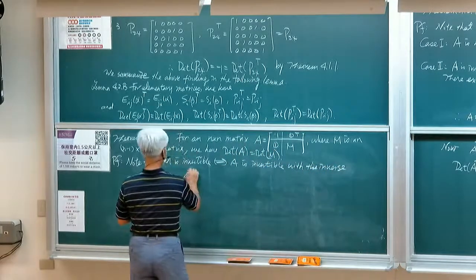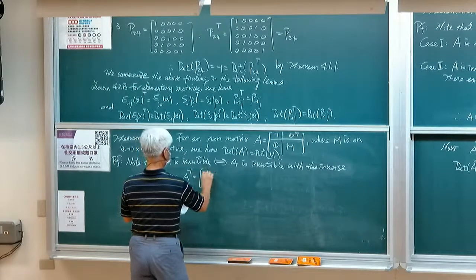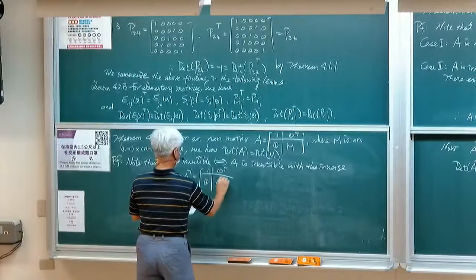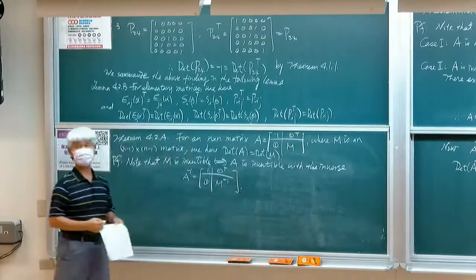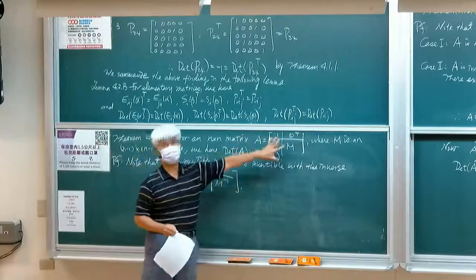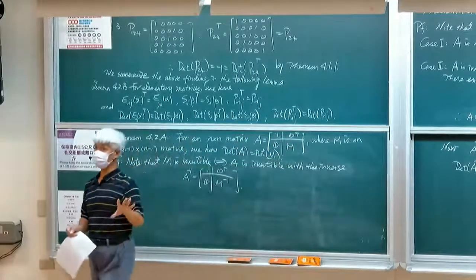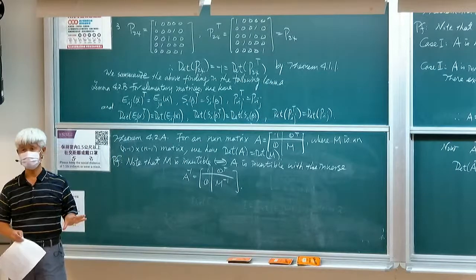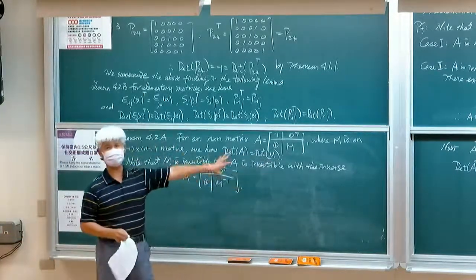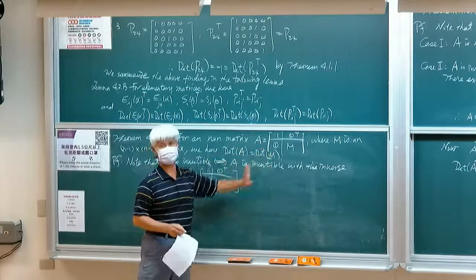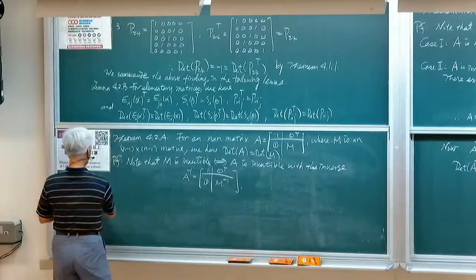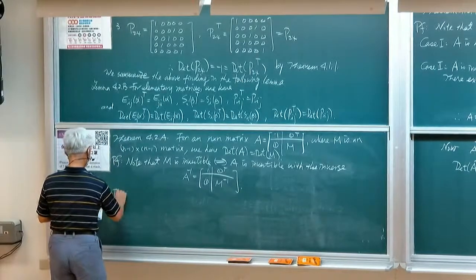So the inverse of A is equal to the inverse of M. It's simple, just multiply this matrix with that matrix, you will see that it is equal to the identity matrix. So this is very simple to justify. Just do the multiplication. So that we have two cases to consider.